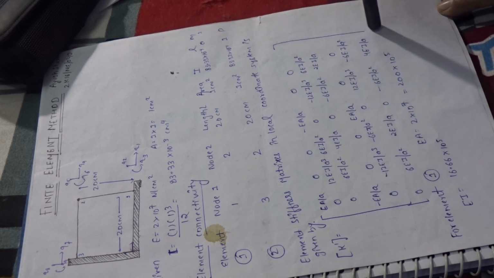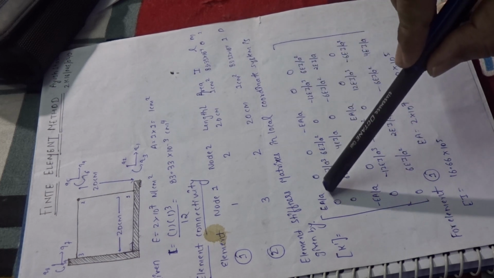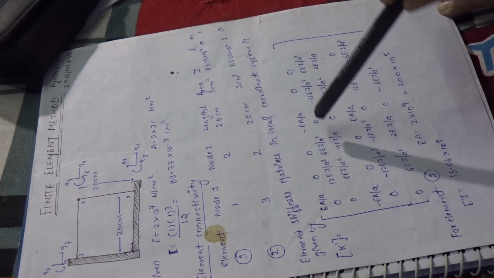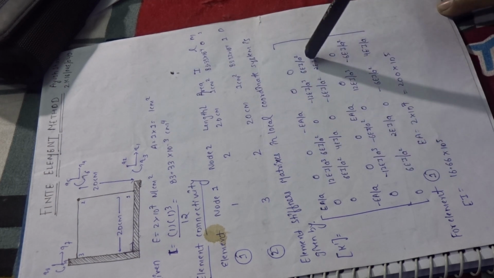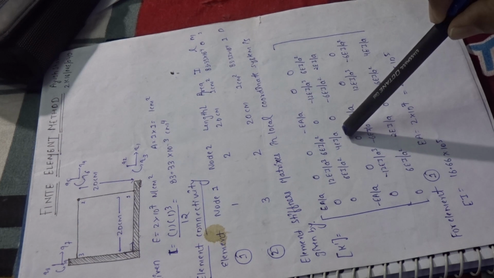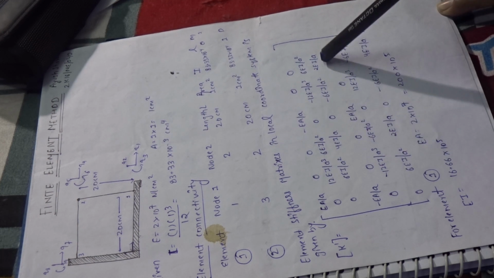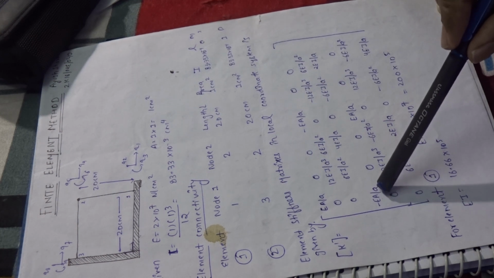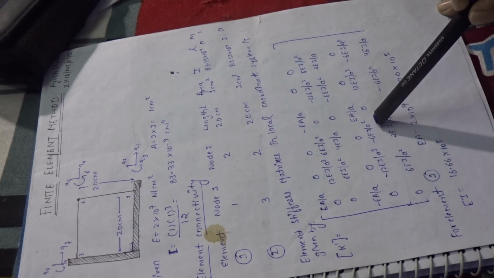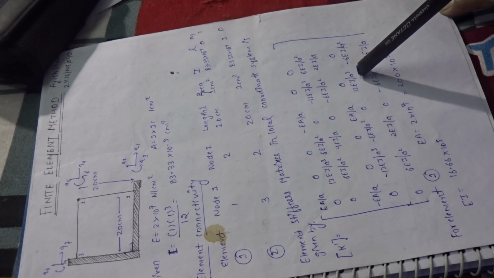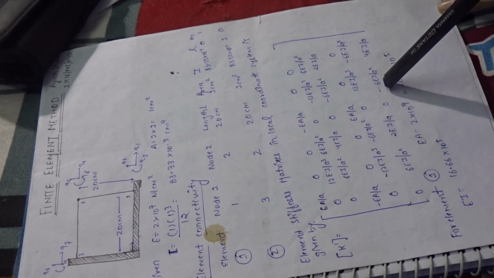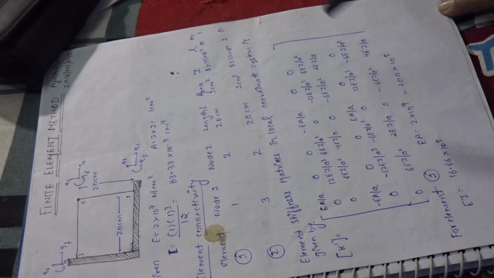You already know the formula for the frame element: EA by L, minus EA by L, 12 EI by L cube, 6 EI by L square, 0, minus 12 EI by L cube, 6 EI by L square, 0, 6 EI by L square, 4 EI by L, minus 6 EI by L square, 2 EI by L, and so on for the remaining terms.